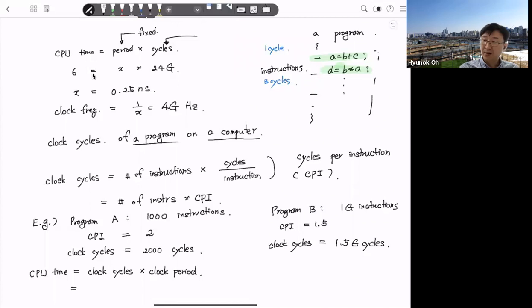And clock cycle is number of instructions and CPI, right? So clock cycle is number of instructions multiplied by CPI, and then CPU time is clock cycles multiplied by clock period.